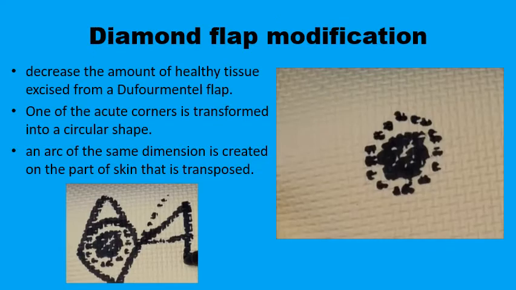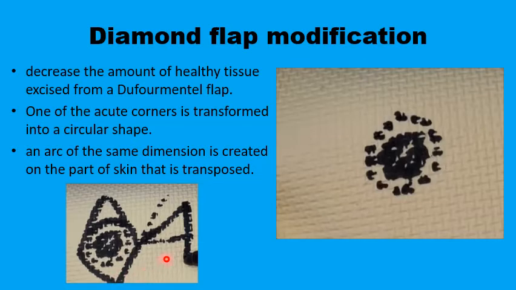The diamond flap modification was suggested to reduce the amount of healthy tissues excised around a circular defect to get the rhomboid shape. This piece of healthy tissue can be preserved, and now the shape of the defect would not be a rhomboid, it would look more like a diamond shape type of a defect.